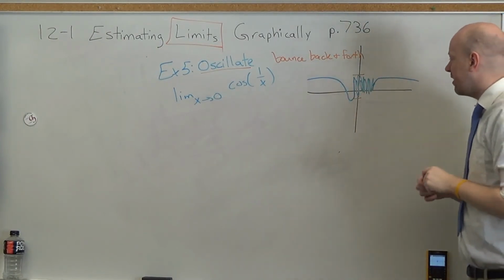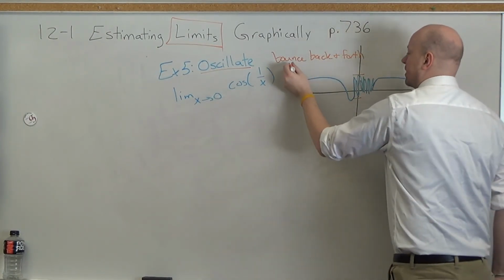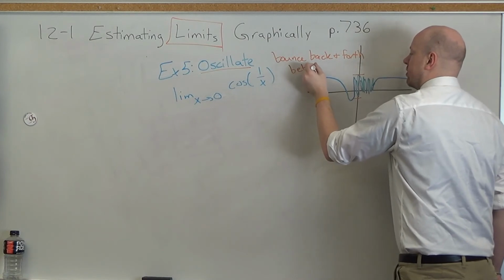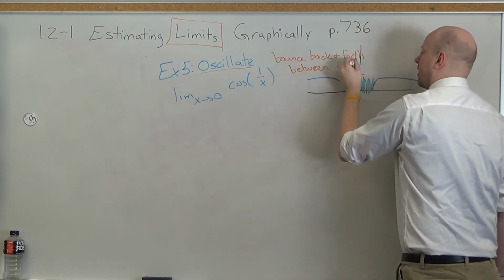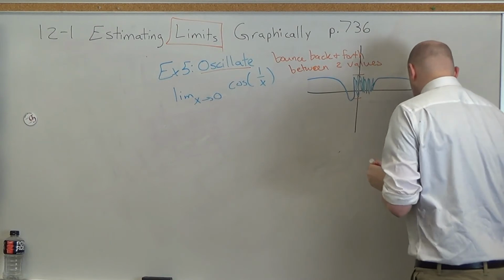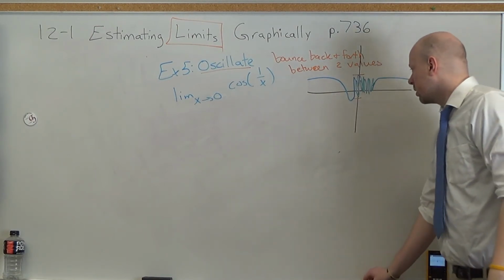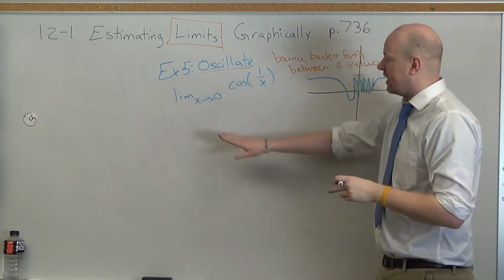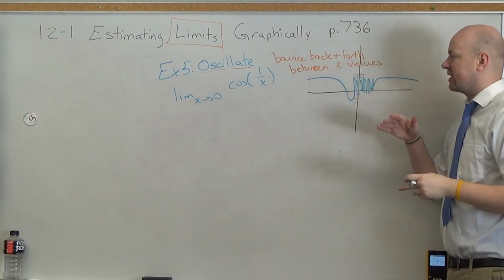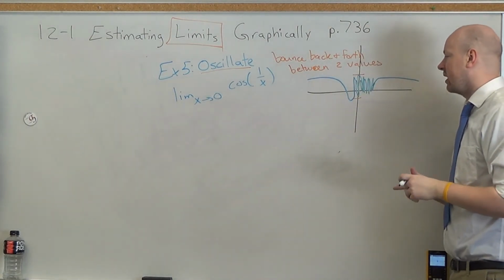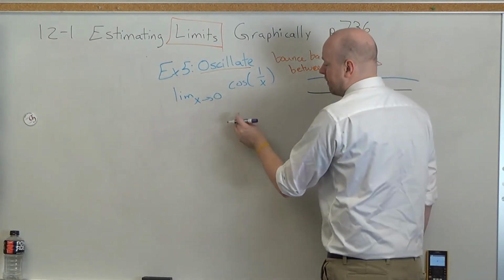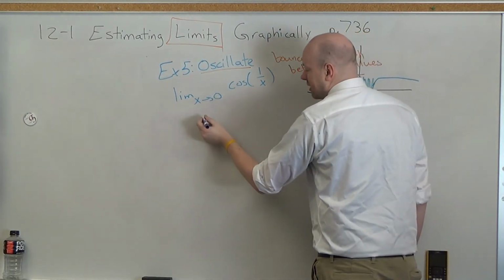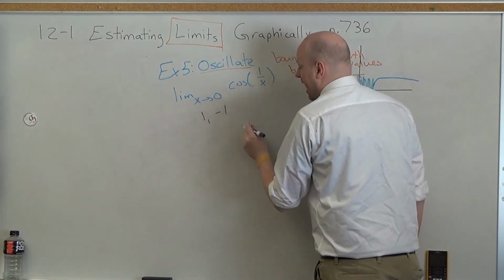Very, very rapidly and very, very quickly between two values. Okay. Now, it's very hard to estimate the limit if we go in each direction because it oscillates back and forth so badly. In fact, depending on what you're looking at, it's going to bounce between 1 and -1.